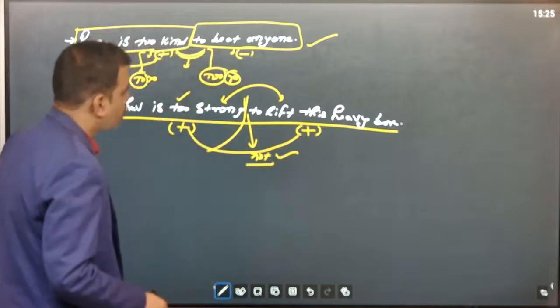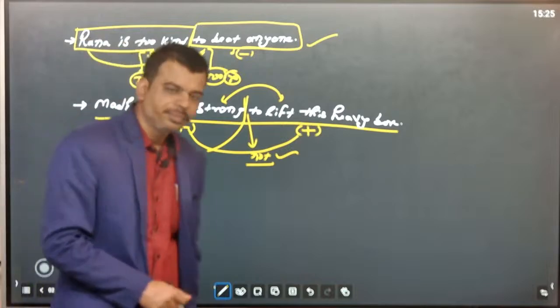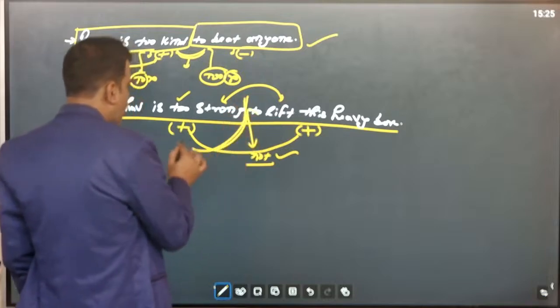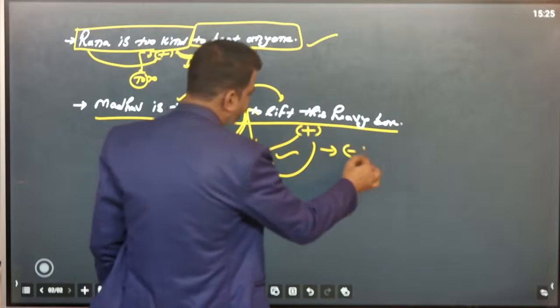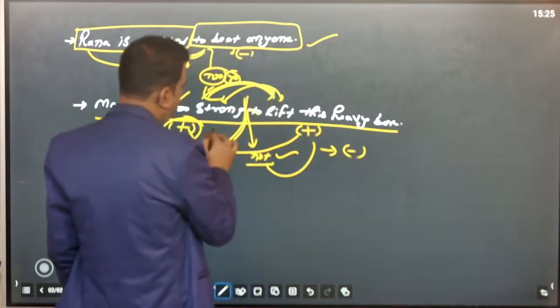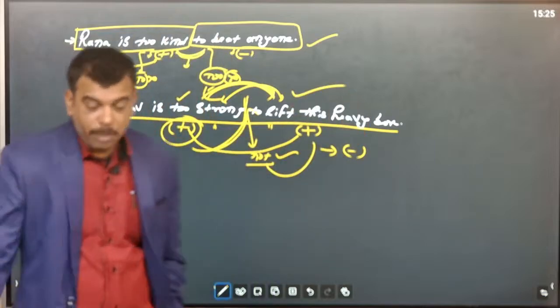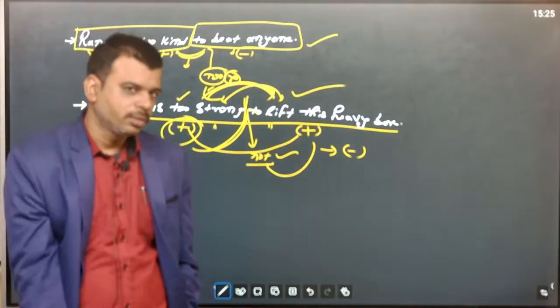So the statement is: Madhav is too strong not to lift the heavy box. Now you can check that being too strong is the positive condition, but not to lift is the negative condition. If we have the opposite relation between the adjective clause and the adverb clause, only then the statement is correct. Otherwise, absolutely wrong.